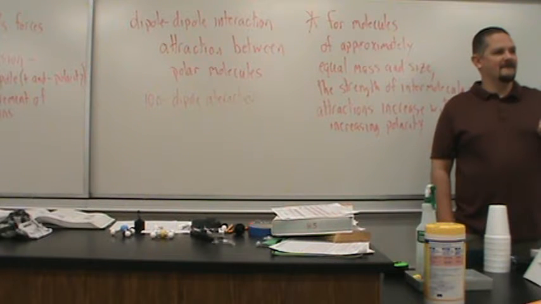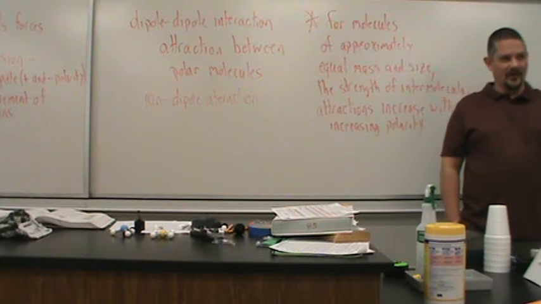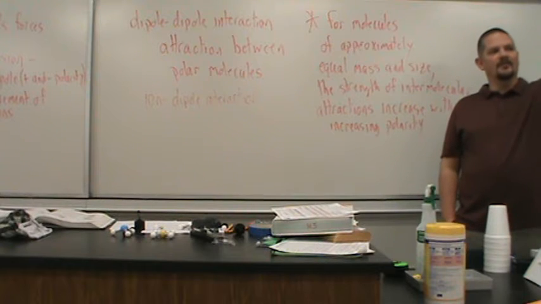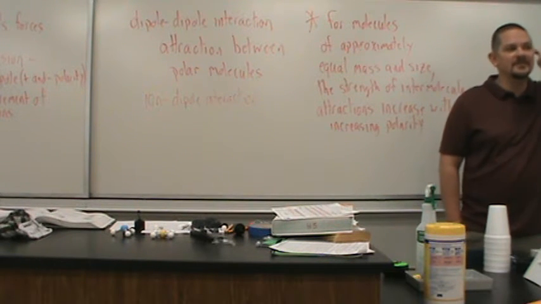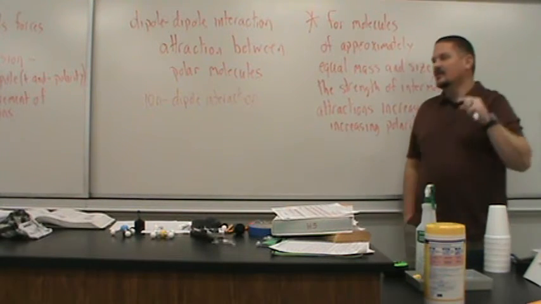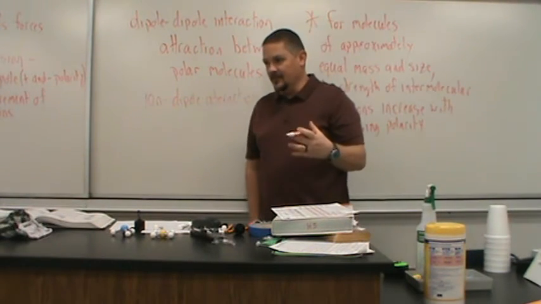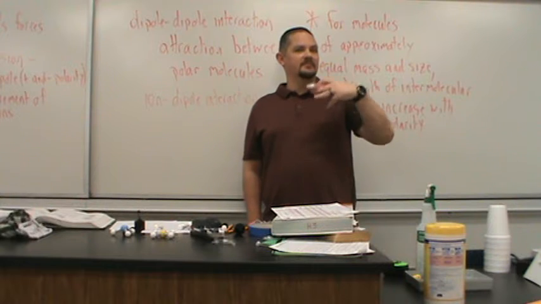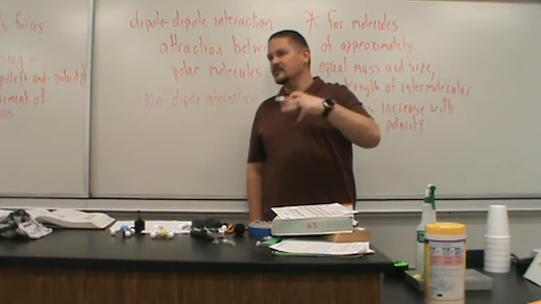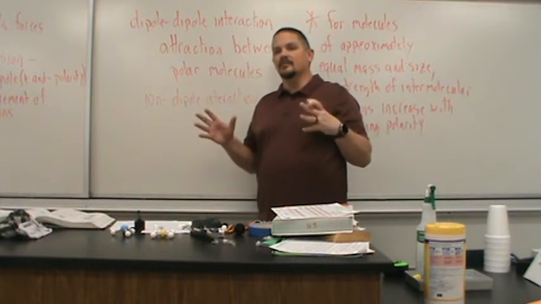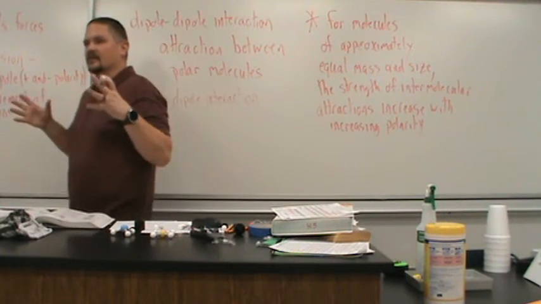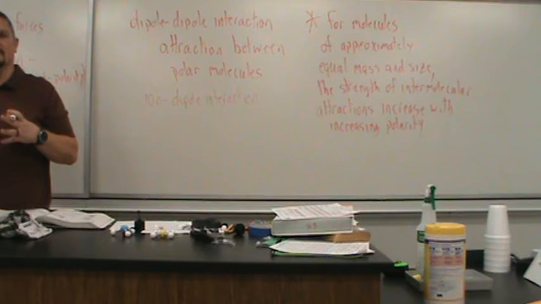Because they're opposite charges. Well, let's take out one word from that sentence. We have charges. An ion has a charge, right? A dipole has a partial positive and partial negative charge on it somewhere. Since they both have charges, they are going to interact. There's going to be attraction.